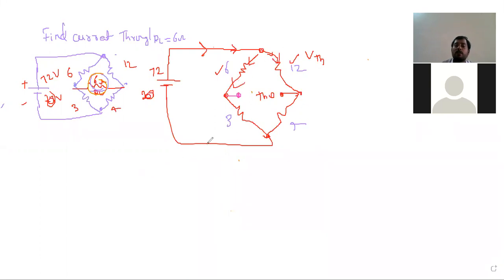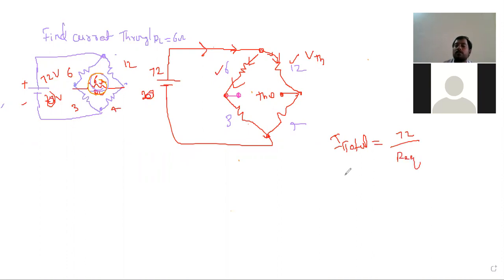The 6 and 3 ohm combination is in parallel with the 12 and 4 ohm combination. So to find the total current, it is equal to 72 by R equivalent.